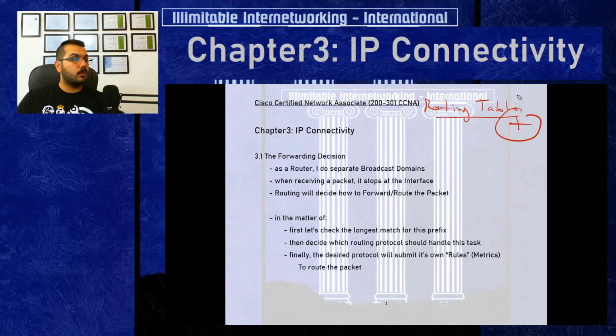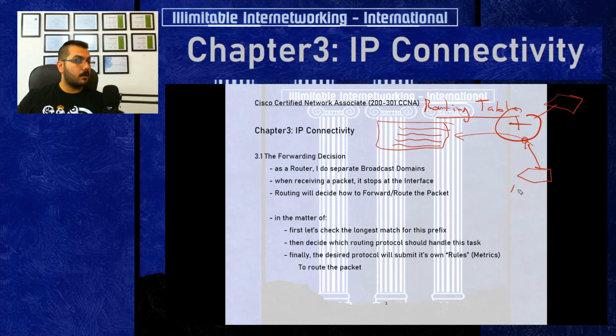So what a routing table will do is that it will have the routes installed, and we will see this in a few minutes. The routes are installed already in the routing table. So once a packet is received on an interface, the router will directly check the routing table and see that this packet came from maybe this device and it wants to go to this device.